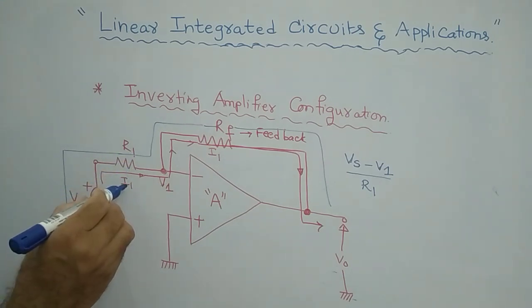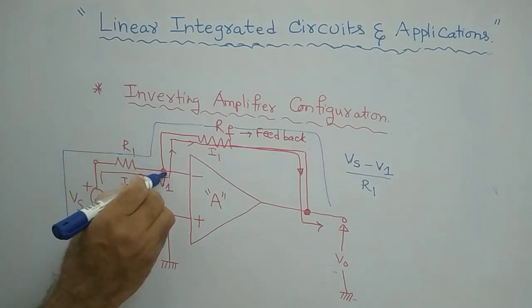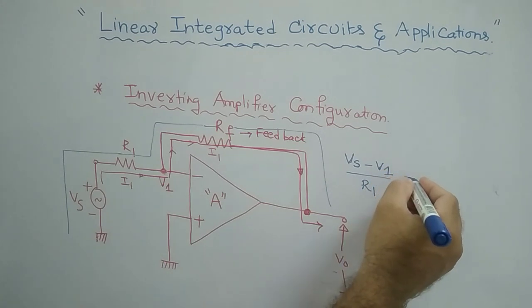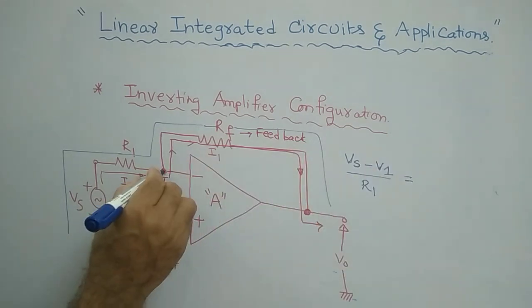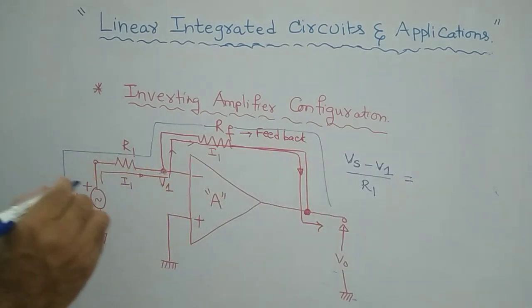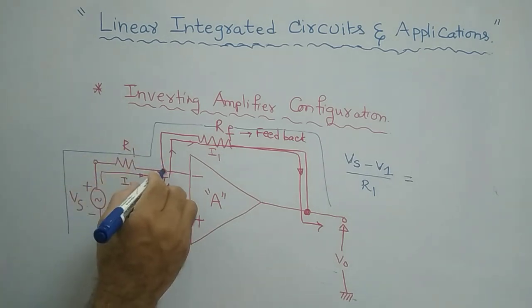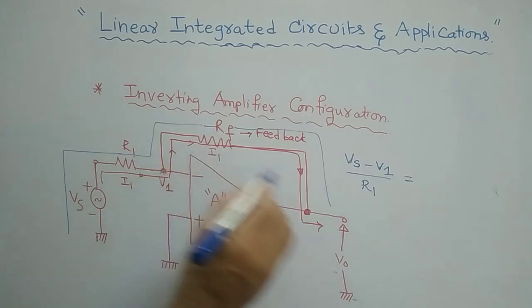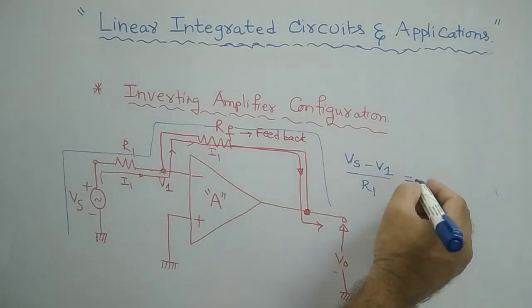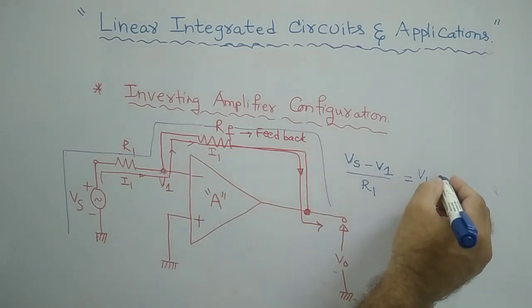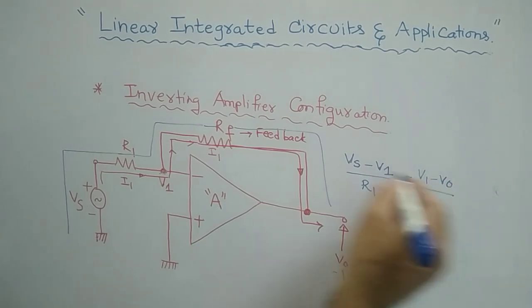For the expression of I1, I am writing (Vs minus V1) by R1, that is equal to, at this particular node I am applying nodal voltage, and from here to here means (V1 minus V0) by RF.